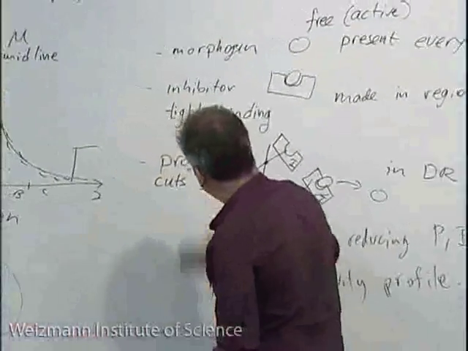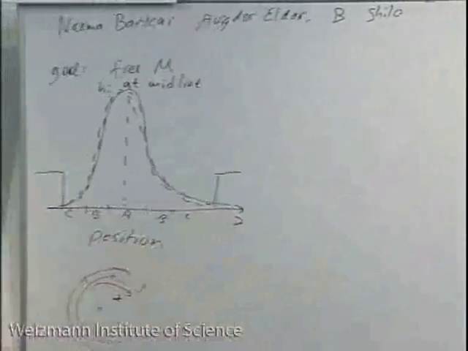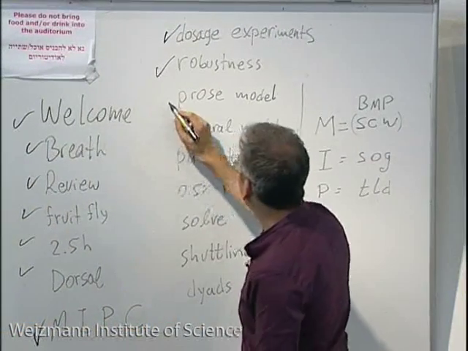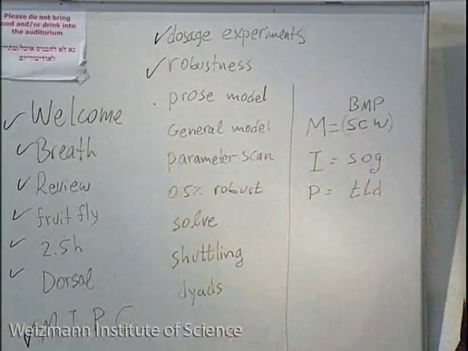So we look at dosage experiments, we defined our players, robustness. And now the first thing you do as a modeler, or not only as a modeler, all biologists use models. Usually we use models which are prose models, that is to say words. And they're very powerful because they generate all these experiments.